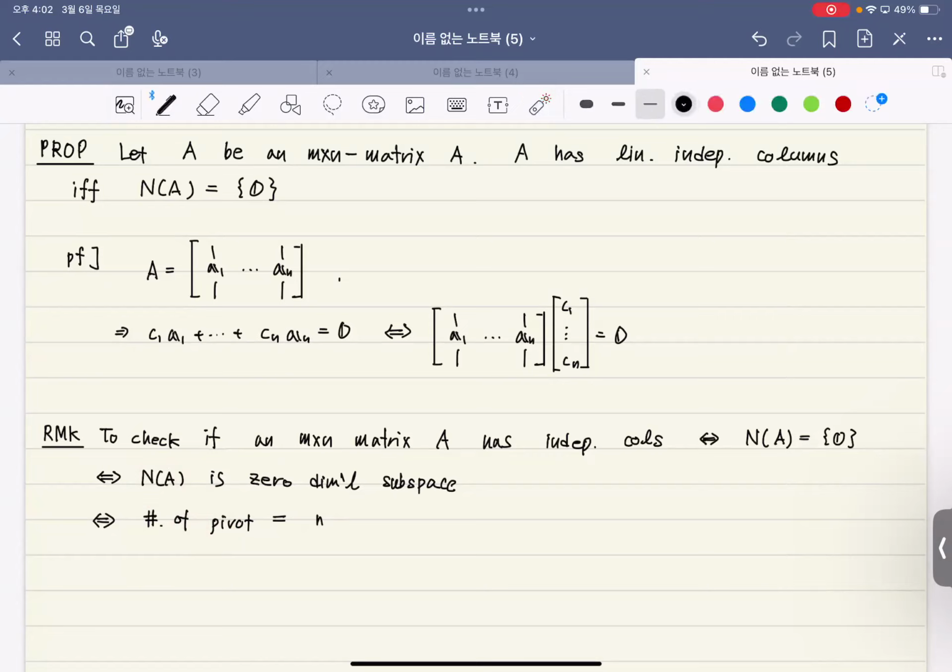So I told you that this is an n minus r dimensional subspace. So in other words, the rank of A must be n.